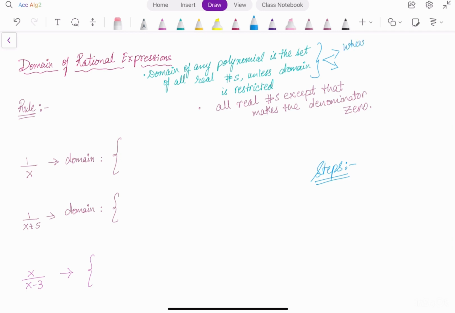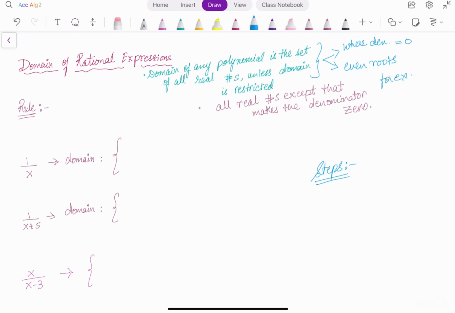Now, at what point is the domain restricted? We are talking about where the denominator is equal to 0. That means if you put the denominator of the rational expression equal to 0, whatever values of x make it 0 are excluded. The same goes for even roots.